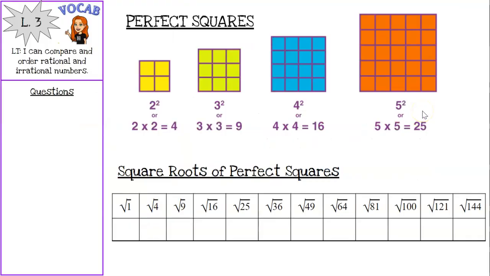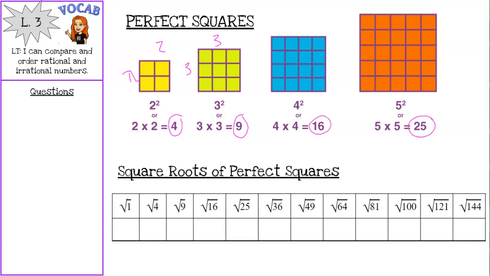Perfect squares, we talked about this last lesson, but just a reminder: perfect squares are squares of our whole numbers. So numbers, when they multiply together, make a perfect square. 2 times 2 is 4, so 4 is a perfect square. 3 times 3 is 9, so 9 is a perfect square, and so on.